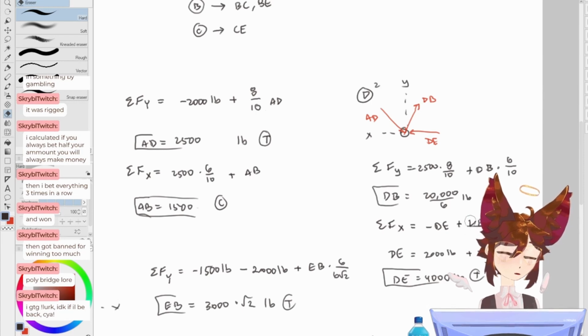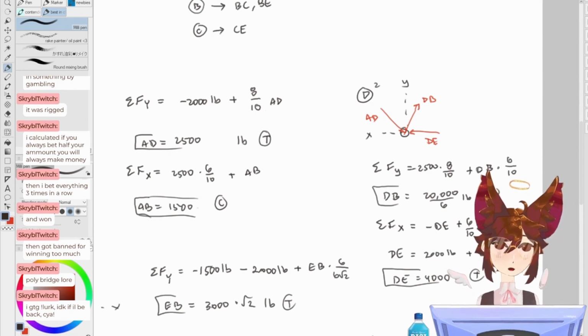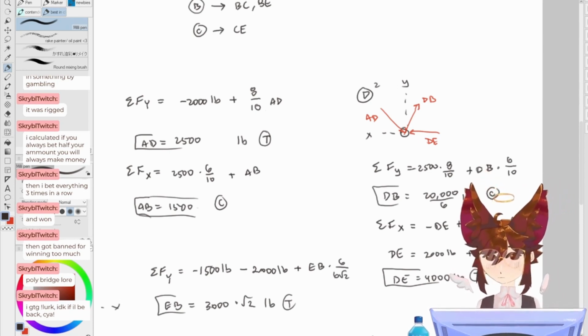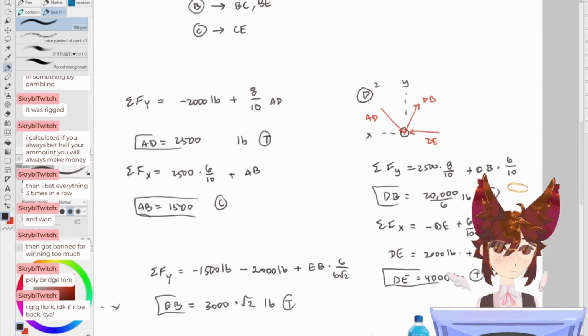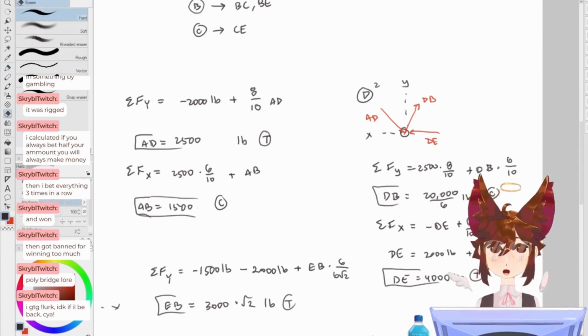dB, this is going to be... it's the fx, so we want 6 over 10 dB. Yeah, see, okay, times 6, so we just do 20,000 divided by 10. Oh. Wait, that actually worked out correctly, but AD is not this.